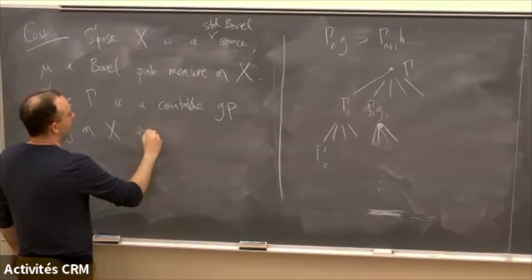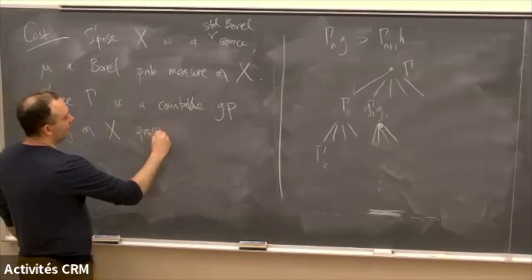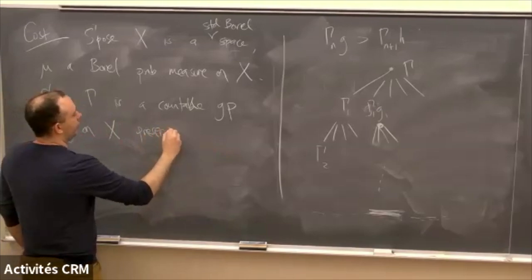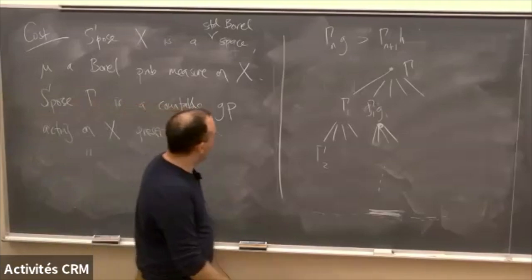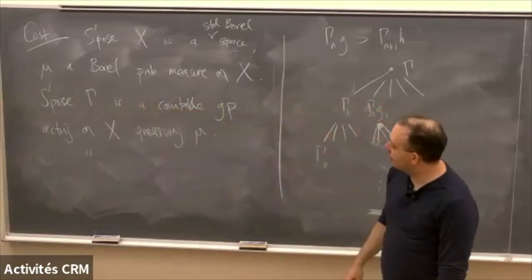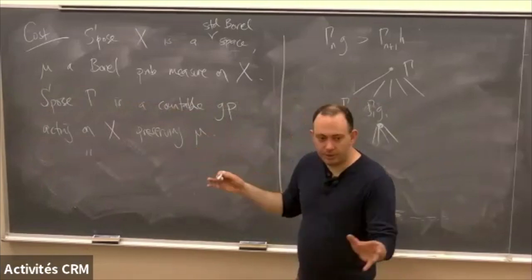I'm going to write things as right actions here. I'll refer to this setup in brief as a PMP action of Gamma.